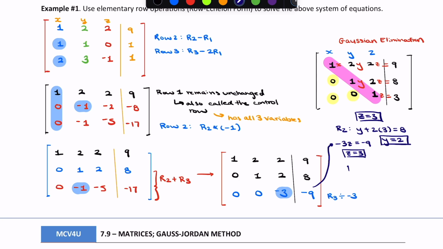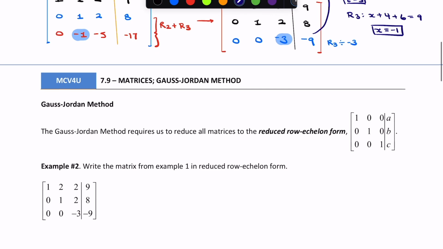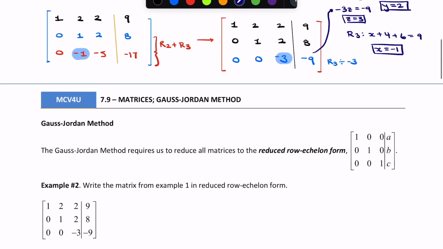And then from row 3, here we can get that x plus 2y, which is 2 times 2, x plus 4, plus 2 times 3, which is 6, is equal to 9. So here, x is equal to -1. Therefore, our point of intersection will be -1, 2, and 3.